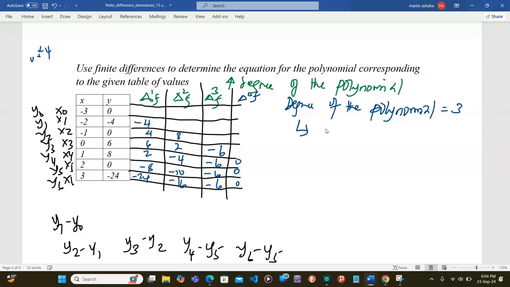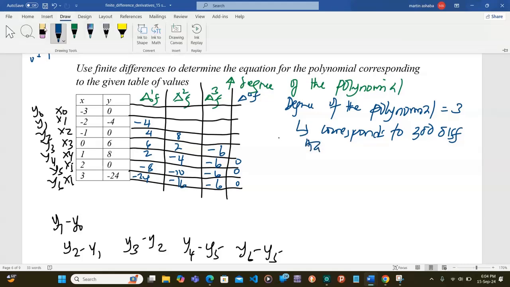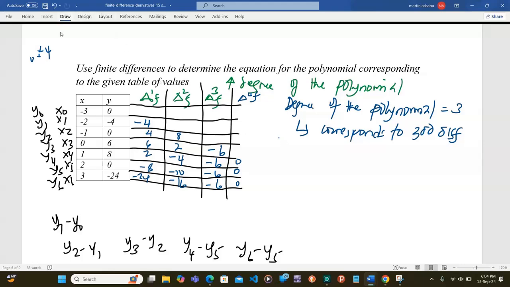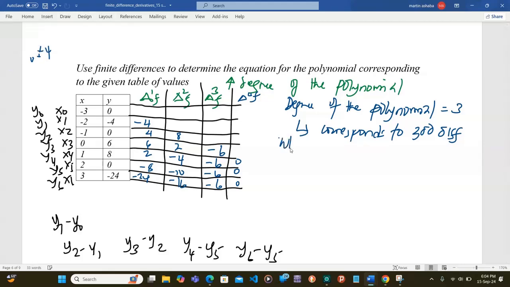That corresponds to the third difference, which has a constant and non-zero value.